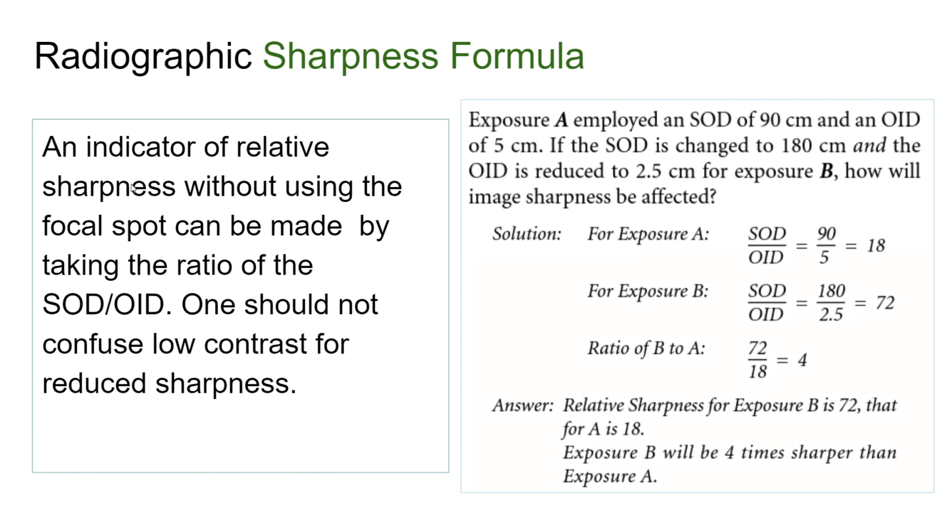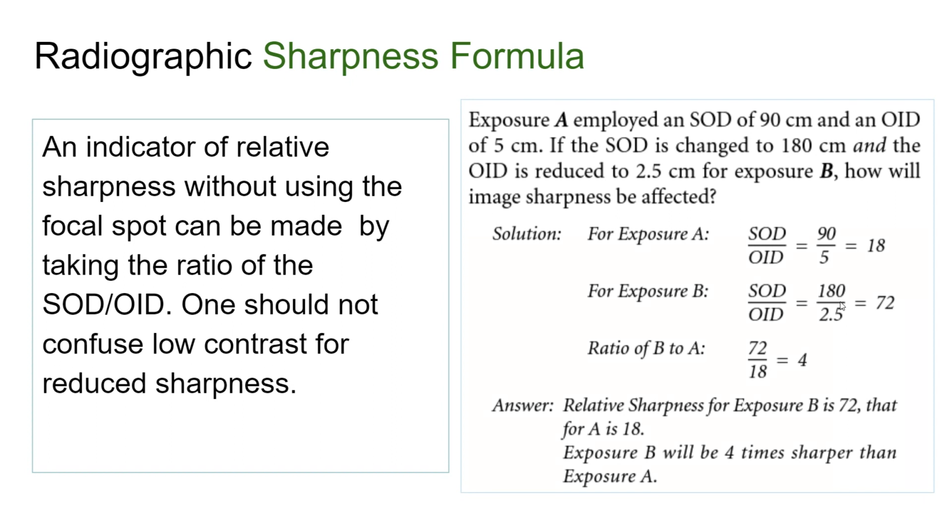So exposure A uses an SOD of 90 centimeters, there's the 90, and an OID of 5. If the SOD is changed to 180, so this is like another scenario, exposure B, if the SOD is changed to 180 and the OID is reduced, which one's going to be sharper?